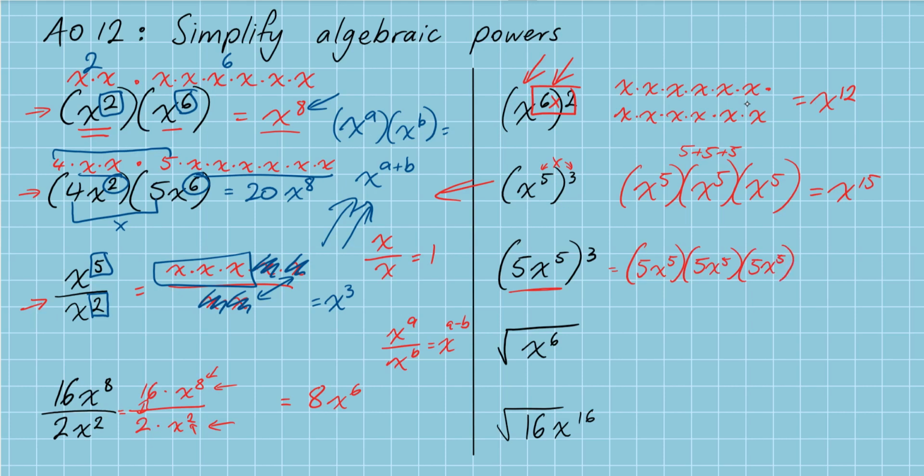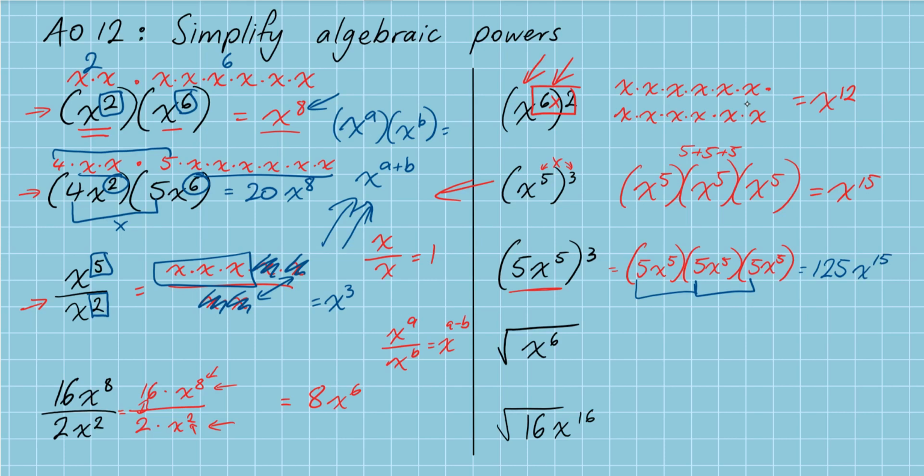Now, I do have to go through and do 5 times 5 times 5. There's no special workaround for this one. So 5 times 5 times 5 is 125. And x to the power of 15 again. So 125x to the power of 15.